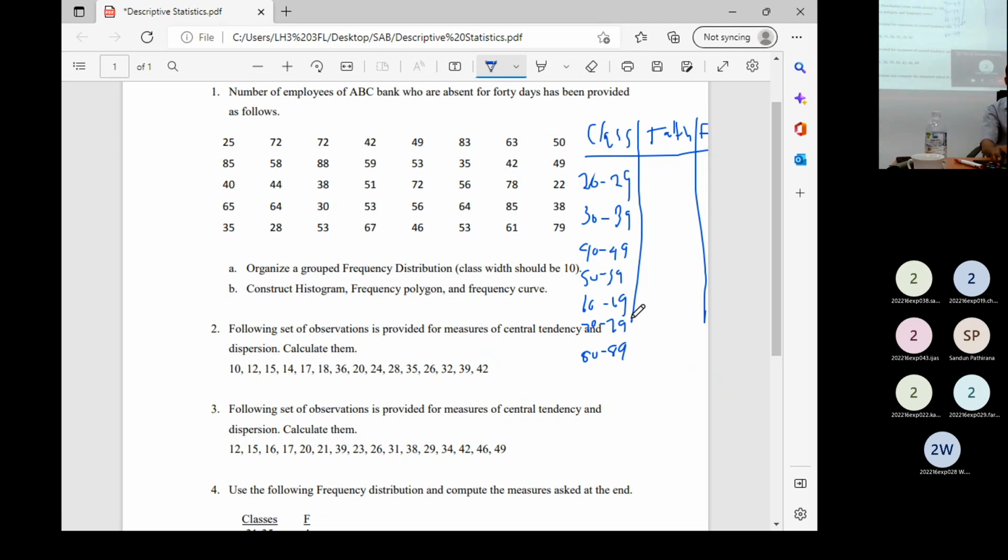I started from 20. Right, then we start 25, it belongs to the first row, here one tally. 85, this row, one tally.